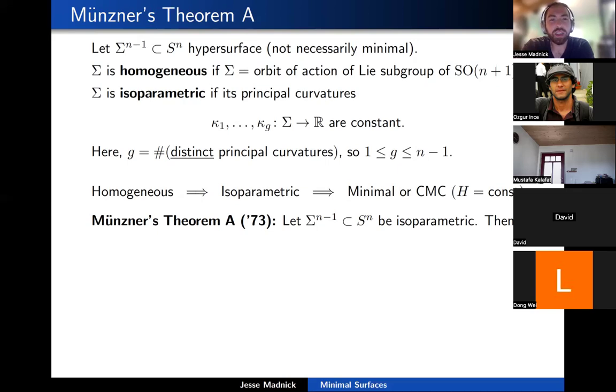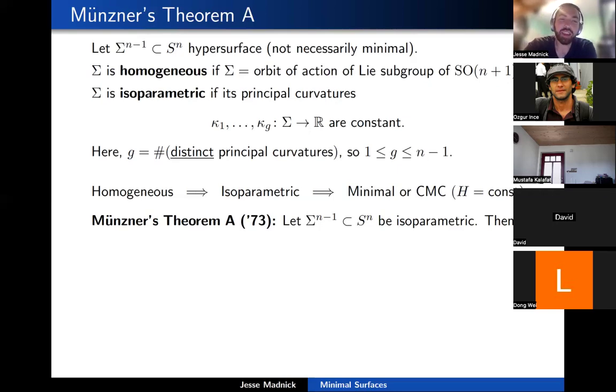In general, we're going to use g to denote the number of distinct principal curvatures, because in general, the principal curvature functions need not be distinct. A priori, g is any integer between 1 and n minus 1. So every homogeneous hypersurface is isoparametric, and every isoparametric hypersurface is either minimal or CMC, where by CMC I mean constant mean curvature, where the constant is not 0.